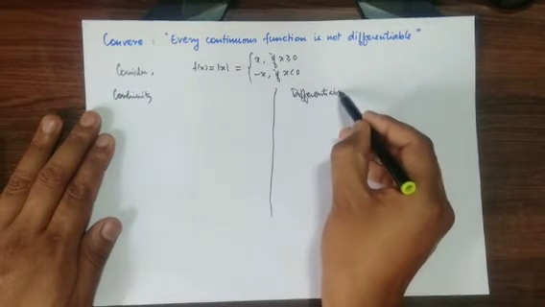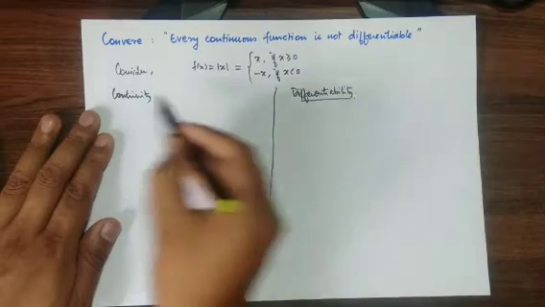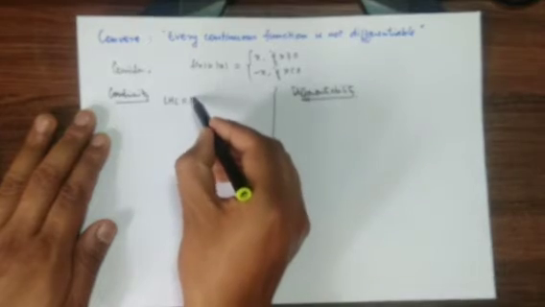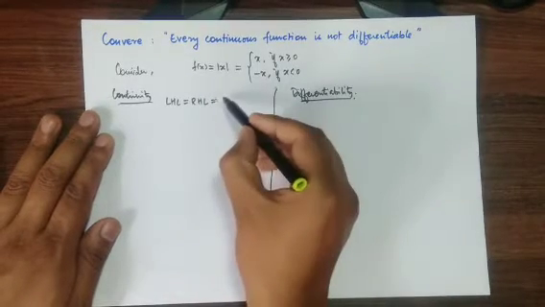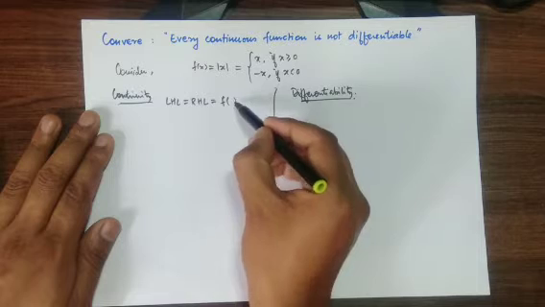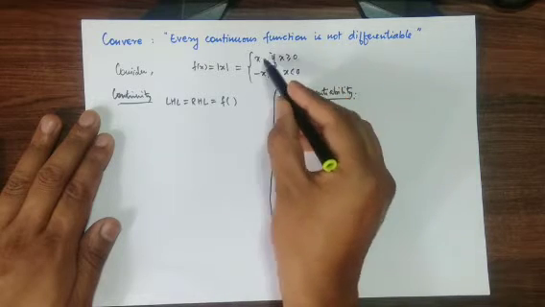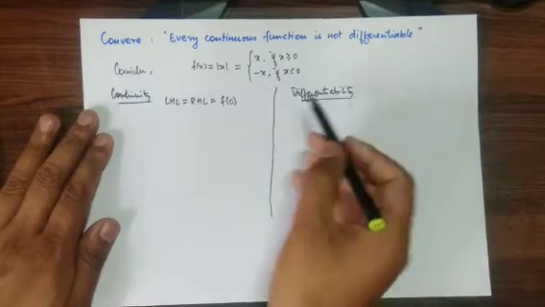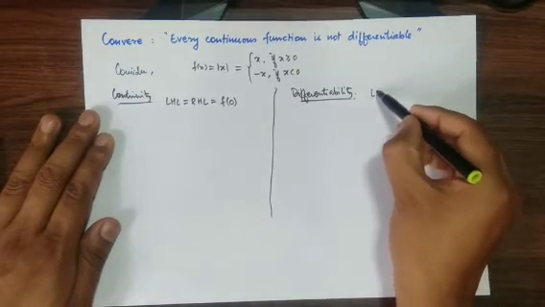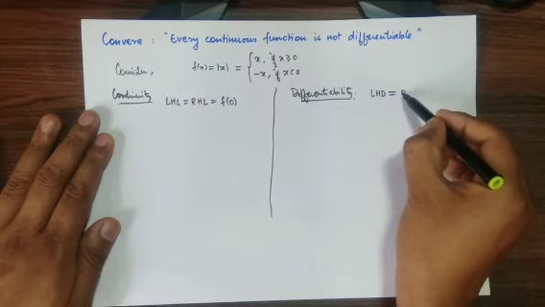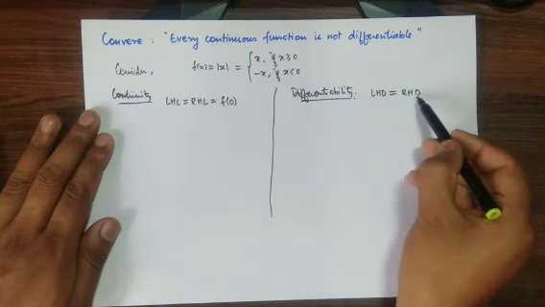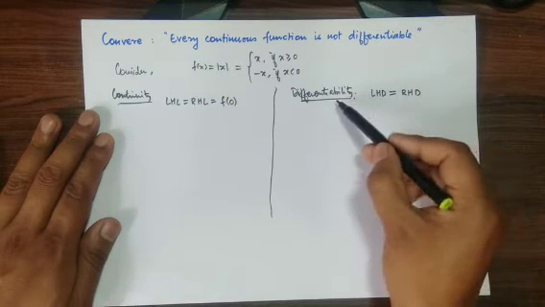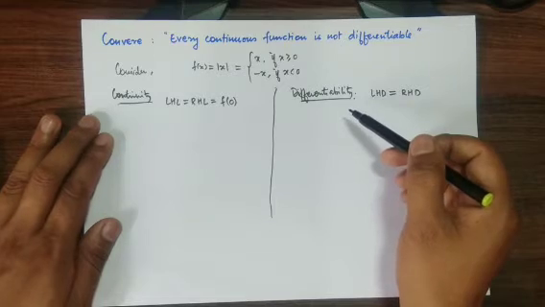To check continuity, I need to show that left hand limit is equal to right hand limit, and this is equal to the functional value, that is f(c), and c here is 0 because the function is breaking at 0. And to prove differentiability I'll check whether left hand derivative and right hand derivative are equal or not. If they are equal, then the function is differentiable. If they are not equal, then the function is not differentiable. So let's check this particular thing.